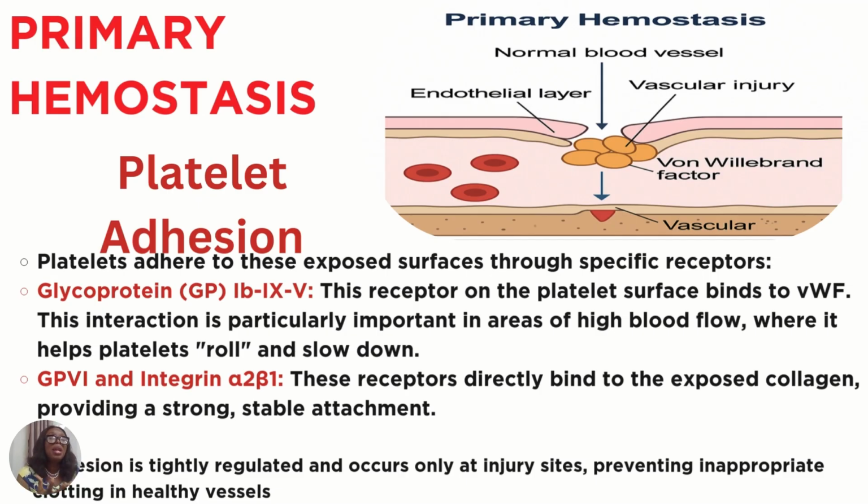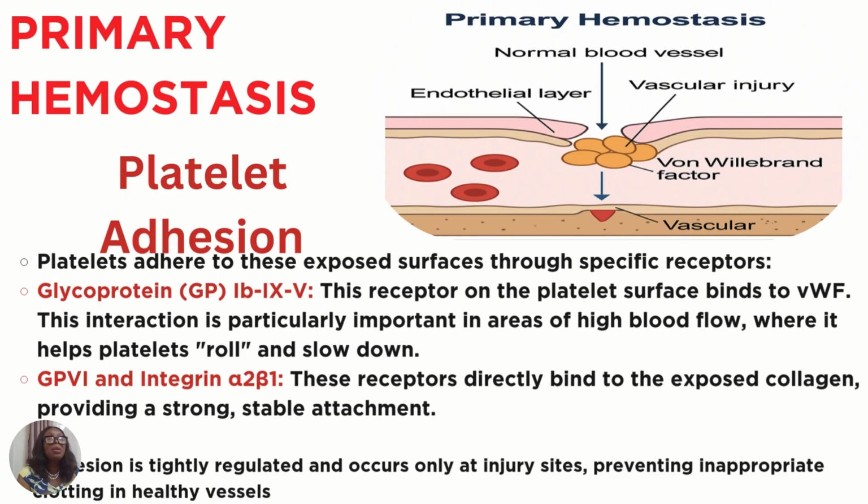So you see, when there is vascular injury after vasoconstriction, the injury exposes the underlying subendothelium, and the von Willebrand factor and collagen are exposed. This serves as a point of contact for platelets to adhere. Platelets adhere to this part of the injured vessel using their receptors.